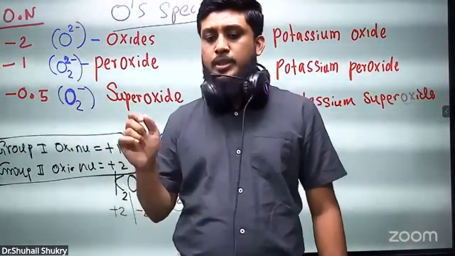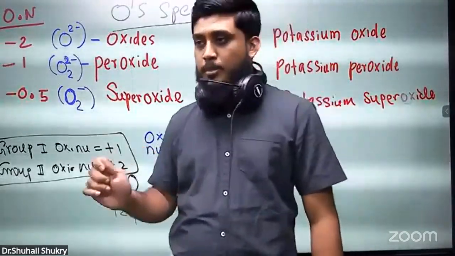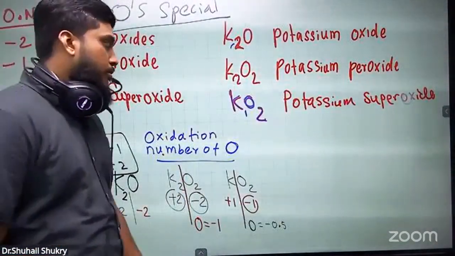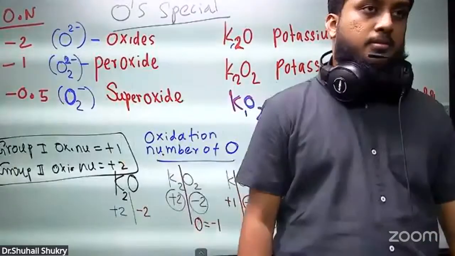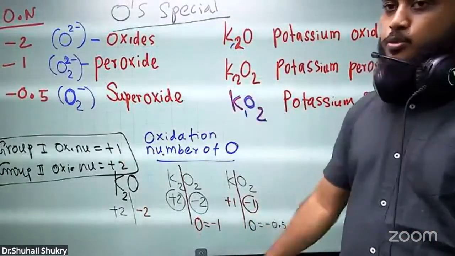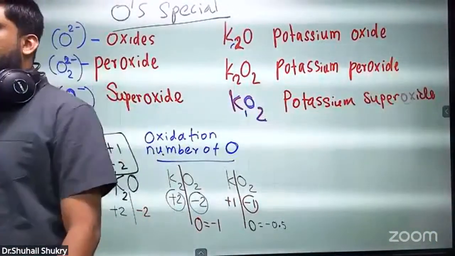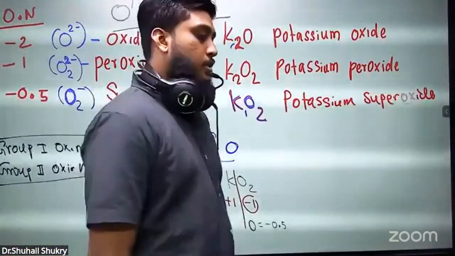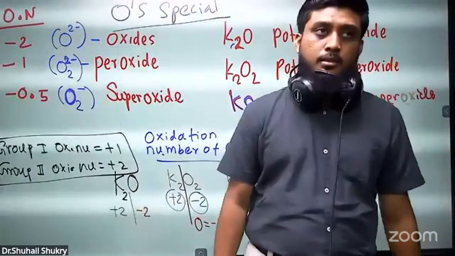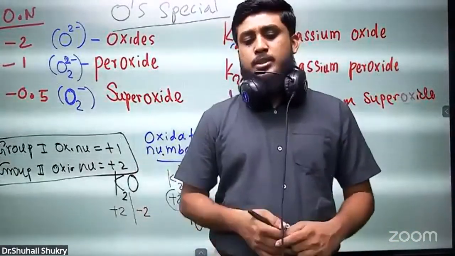Oxygen can make peroxides and superoxides only with S block elements.